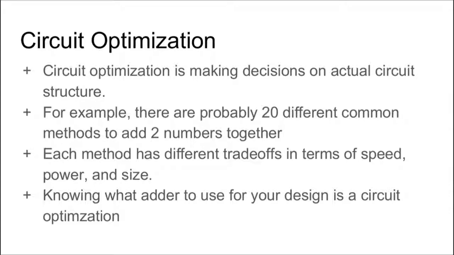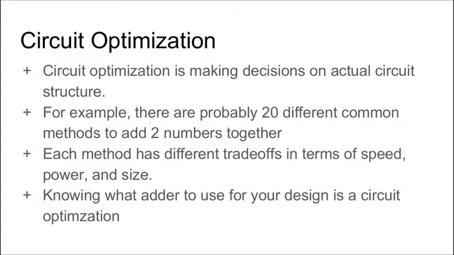The next level down, you do circuit level optimization. I'll use the adder as an example. If you're adding two 32-bit numbers together, there are maybe 20-ish, a large number of different commonly used ways to add two numbers together. Some of the methodologies will give you a chip that is very energy efficient.